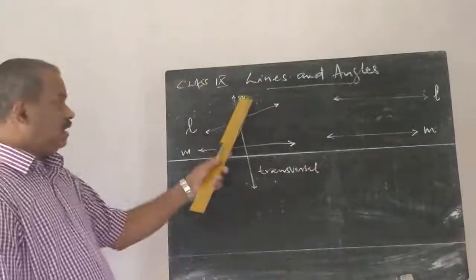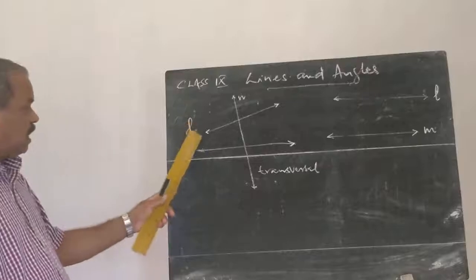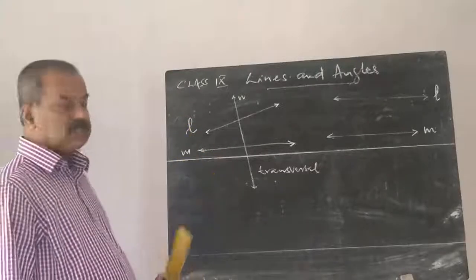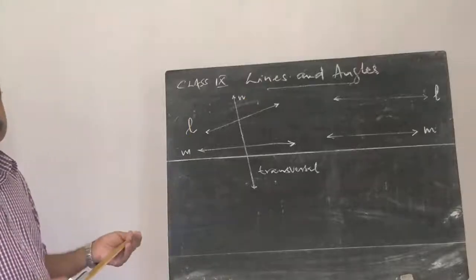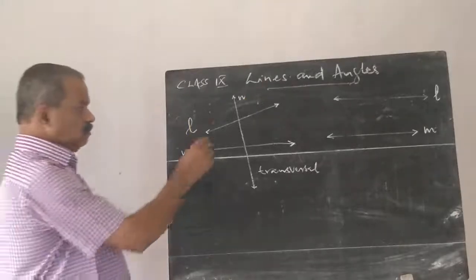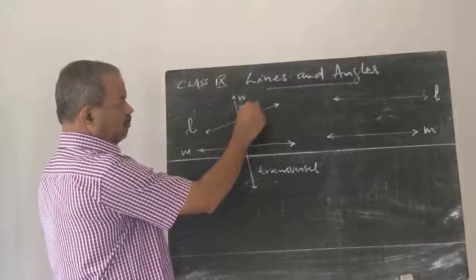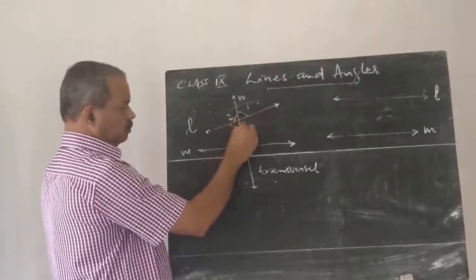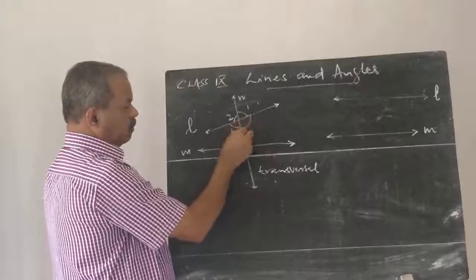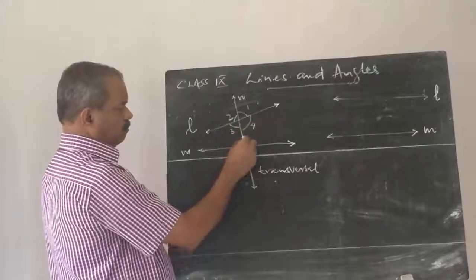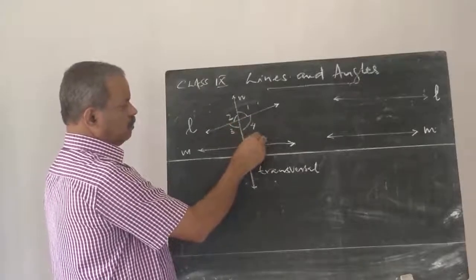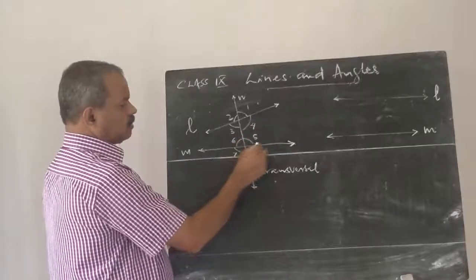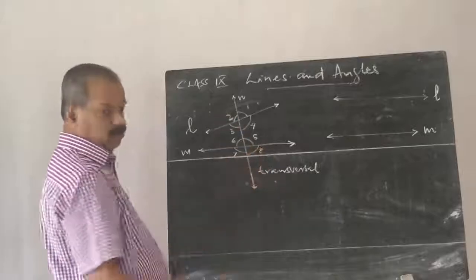When line N intersects L and M, how many angles are formed? Angle 1, angle 2, angle 3, angle 4, angle 5, angle 6, angle 7, angle 8.